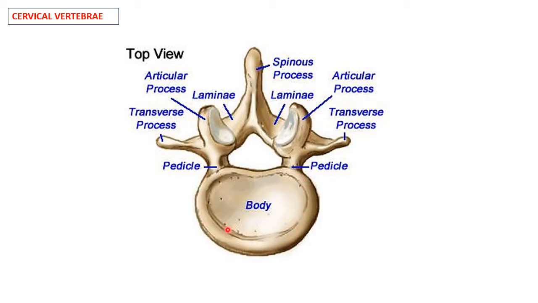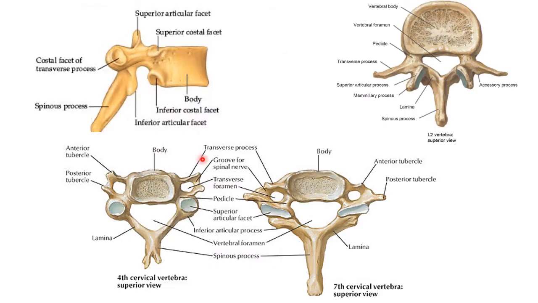Now we will start our main topic, the cervical vertebra. But before that, let us first differentiate between the cervical vertebra, thoracic vertebra, and lumbar vertebra. Obviously the sacral vertebra is easiest to differentiate, so no need of mentioning that.